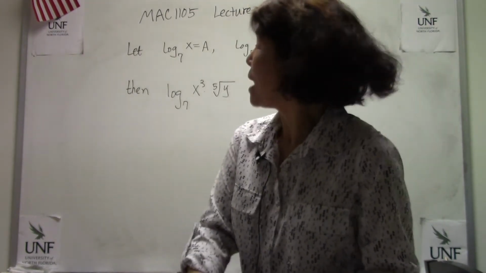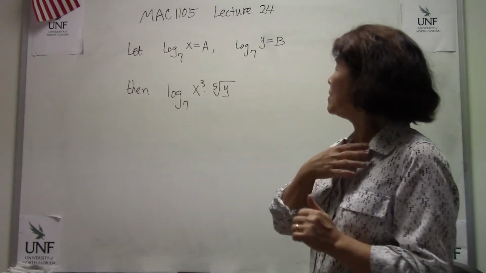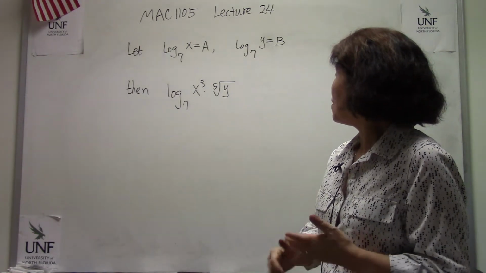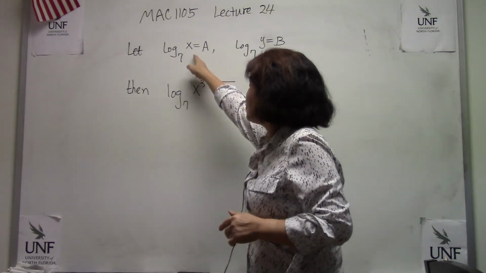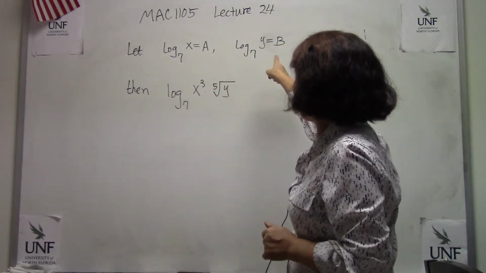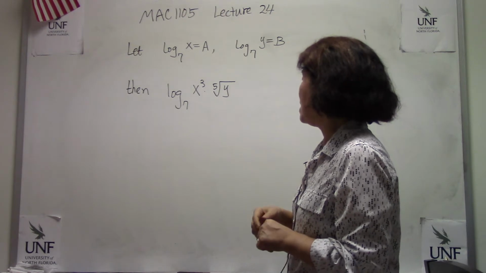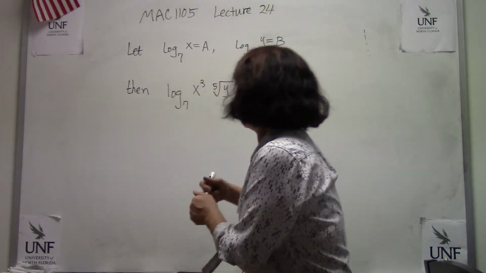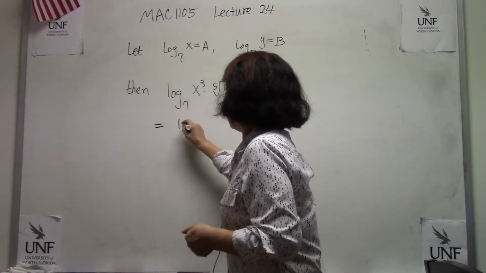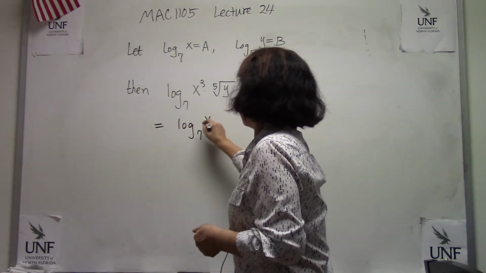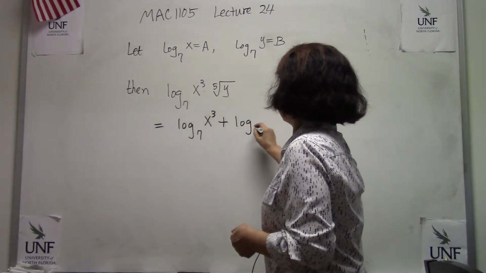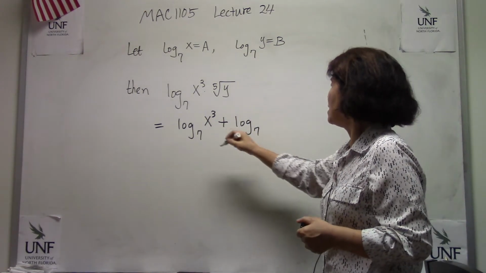All right. So anyhow, I received a question about this. If log x to base 7 is a and log y to base 7 is b, then how would you like to rewrite this? Well, we can write this one as x cubed times the 5th root of y, so we can split it into two different logarithms.